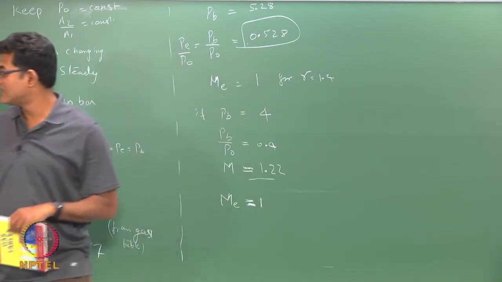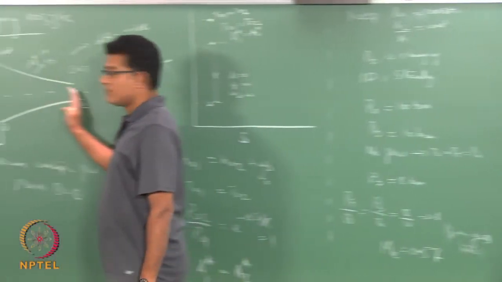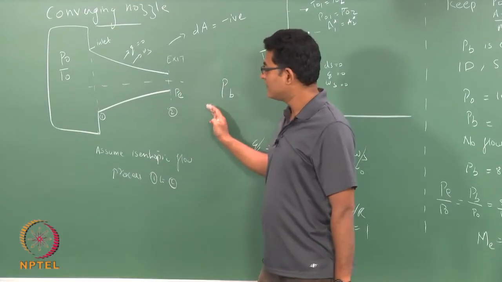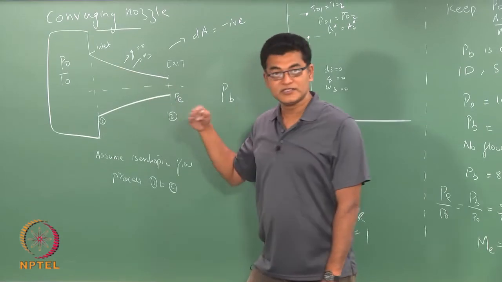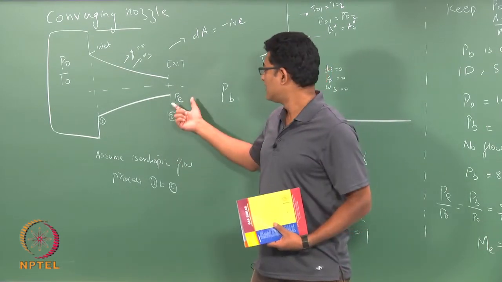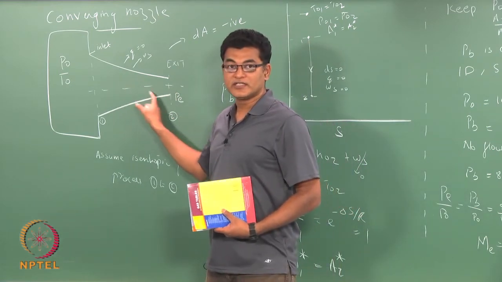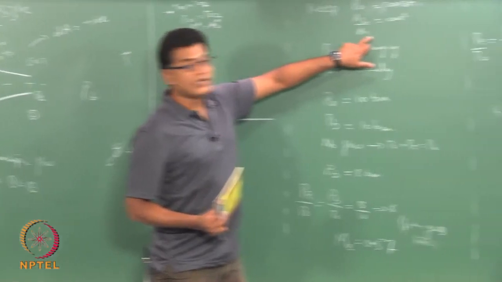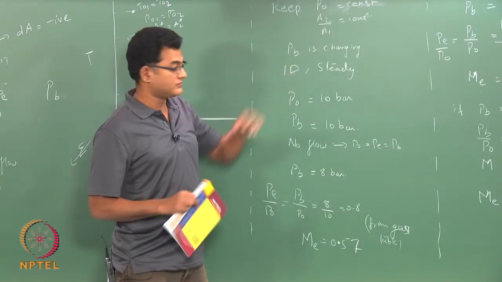So what is happening inside the nozzle after your PB by P0 reaches that particular pressure ratio is not going to affect anything inside the nozzle, if you keep your P0 constant and A2 by A1 constant.